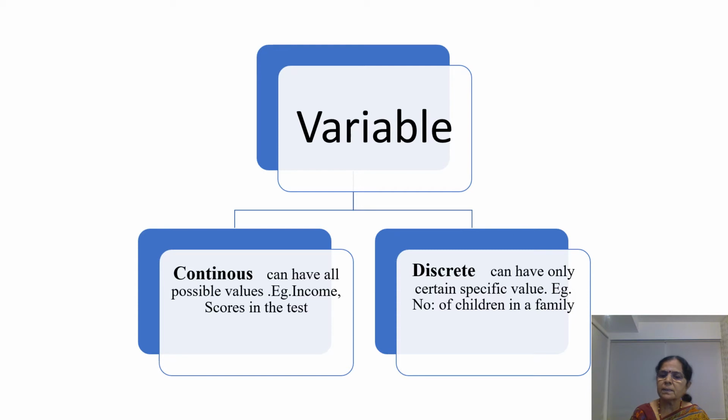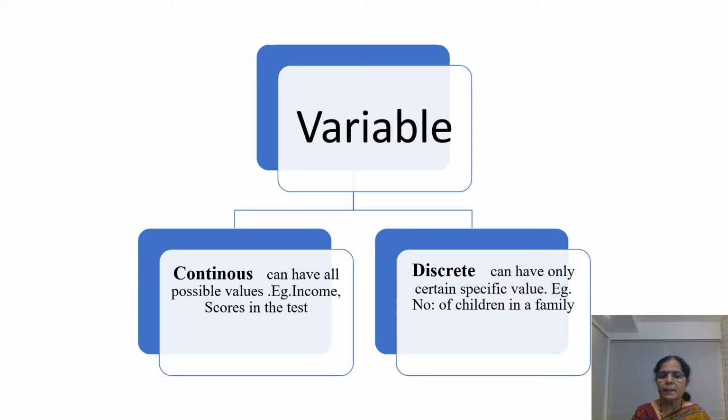That is, it can be in decimals also. 3.75 meters or 96.64 centimeters. In that way, they are continuous. Height, weight, time, speed, cost, expenditure are all examples for continuous variables.